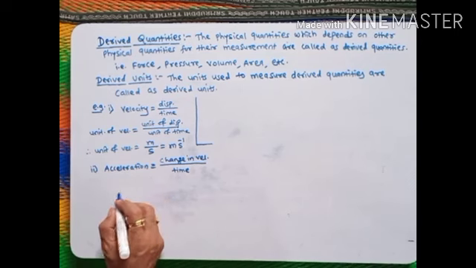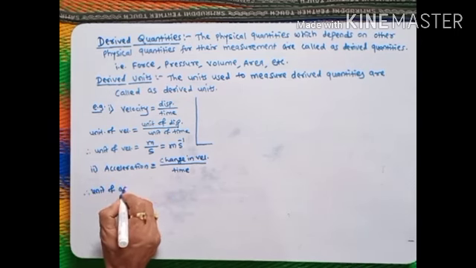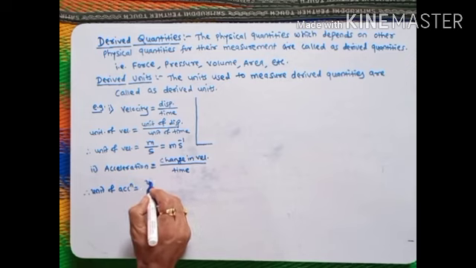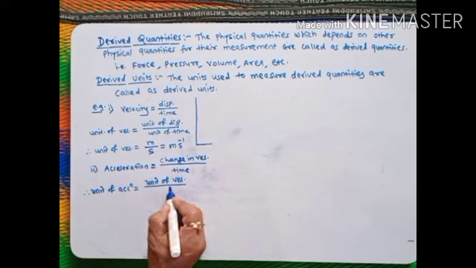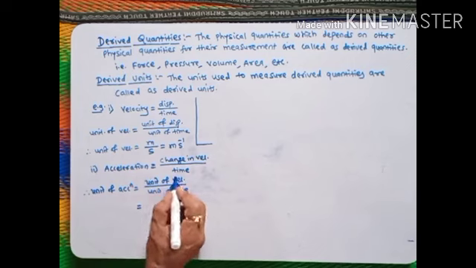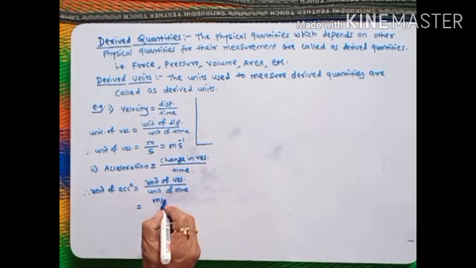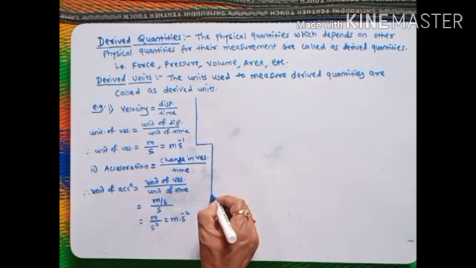Therefore, unit of acceleration is equal to unit of velocity divided by unit of time, which is meter per second, and per second unit of time, or meter per second square, or m s raised to minus 2.